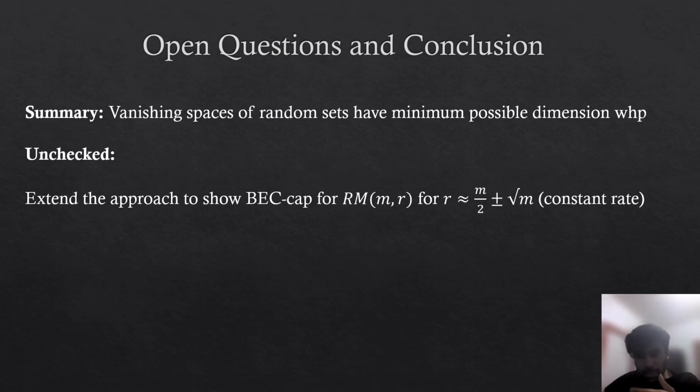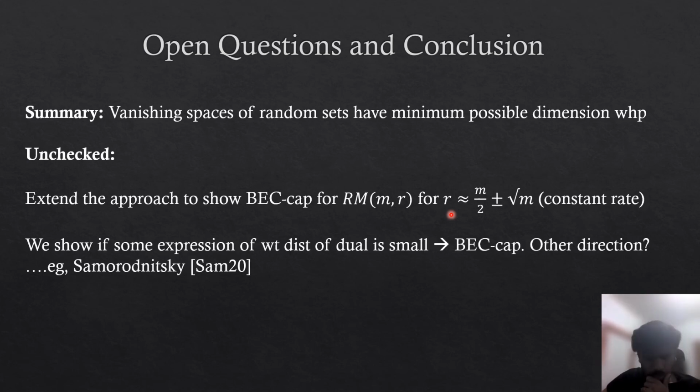It's already known that you achieve capacity in this regime because of the famous results of Kudekar et al. However, we would like to get a unifying approach as well, since the approaches currently in the low rate, high rate, and constant rate regimes for Reed-Muller codes are kind of different.